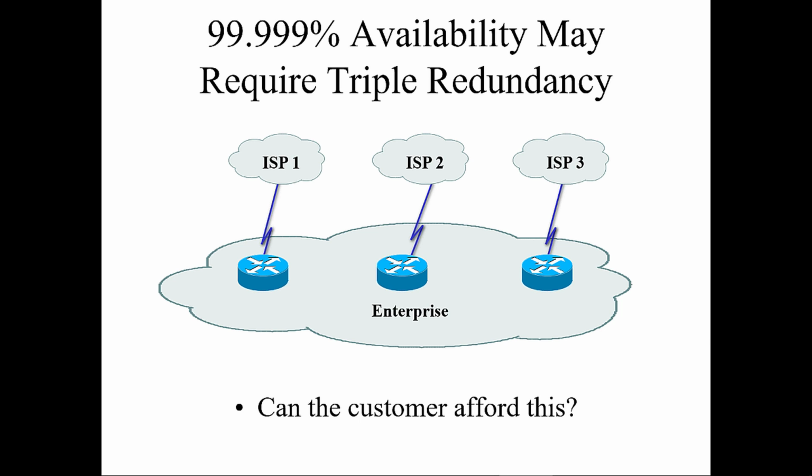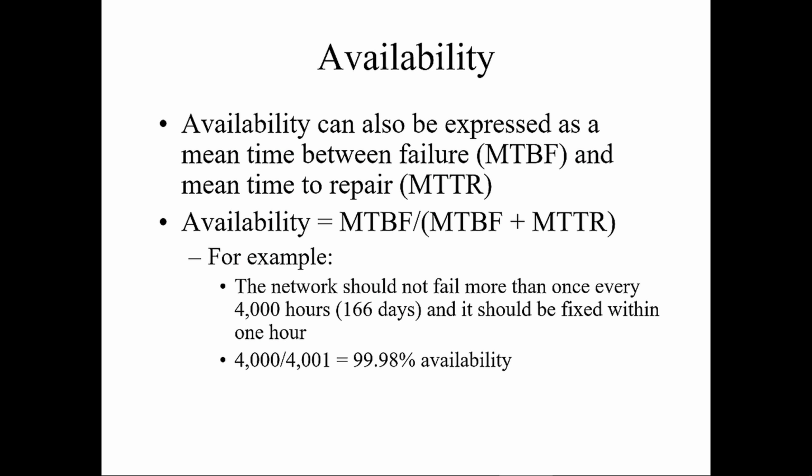So sometimes redundancy comes with its own issues. Availability can also be expressed as the MTBF and MTTR. That means the availability should equal the mean time between failure divided by the mean time between failure plus the mean time to repair.